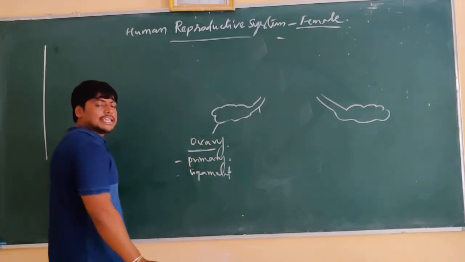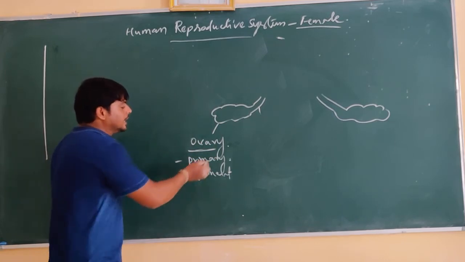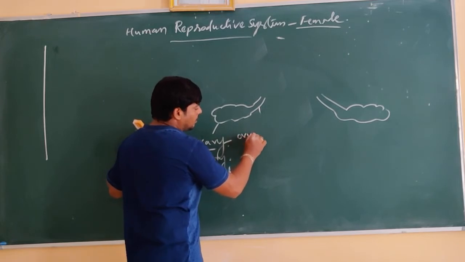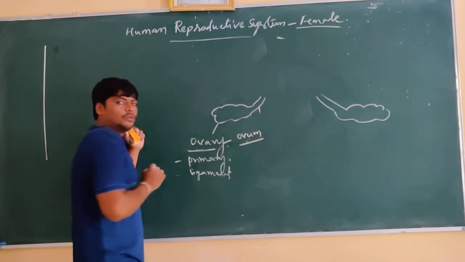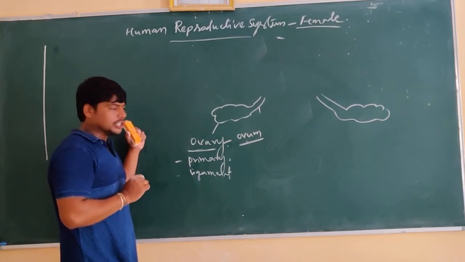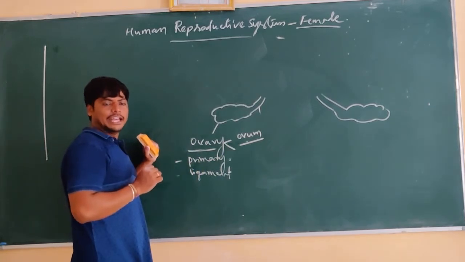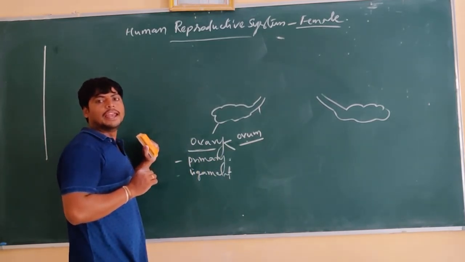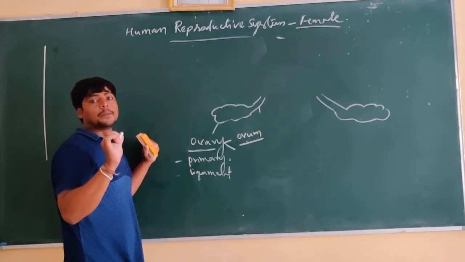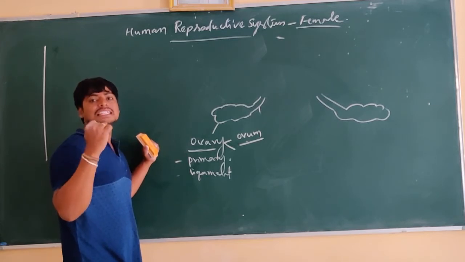This ovary carries out two functions. One is the production of the female gamete, the ovum or egg. That is one important function, and it also secretes two female sex hormones, estrogen and progesterone.